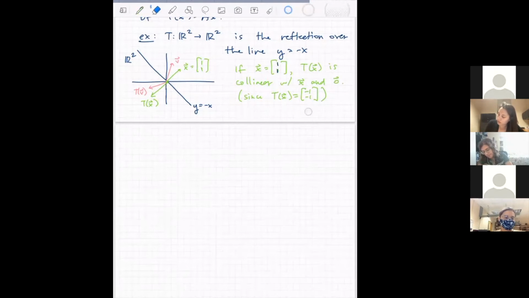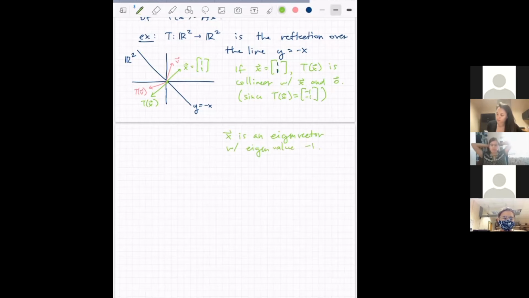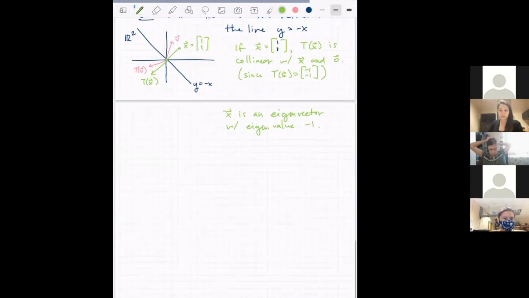Actually, let me write this on the next page. x is an eigenvector with eigenvalue -1. Okay, does that part make sense so far?